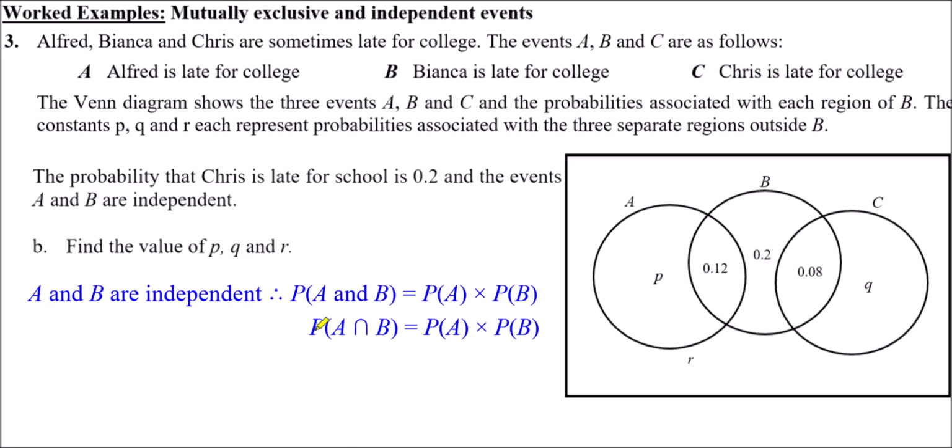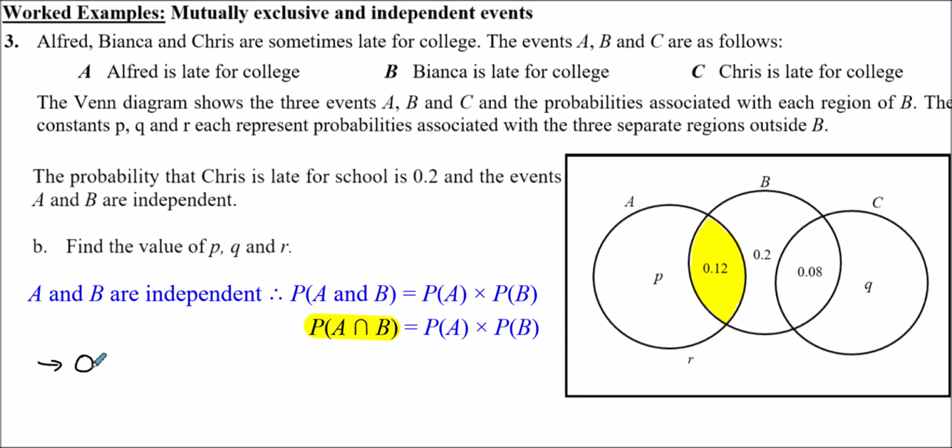So the intersection of A and B, we can see here, is this 0.12. Because 0.12 lies in the intersection region of A and B. And so what this means is, because they are independent, the probability of A multiplied by the probability of B will equal this 0.12. So we can now formulate an equation.